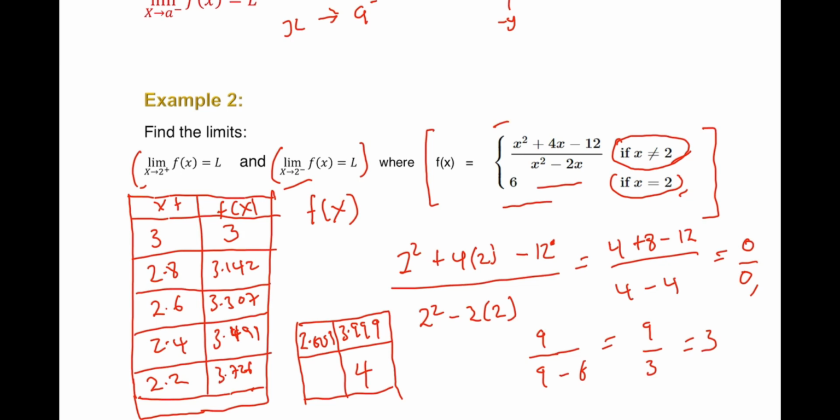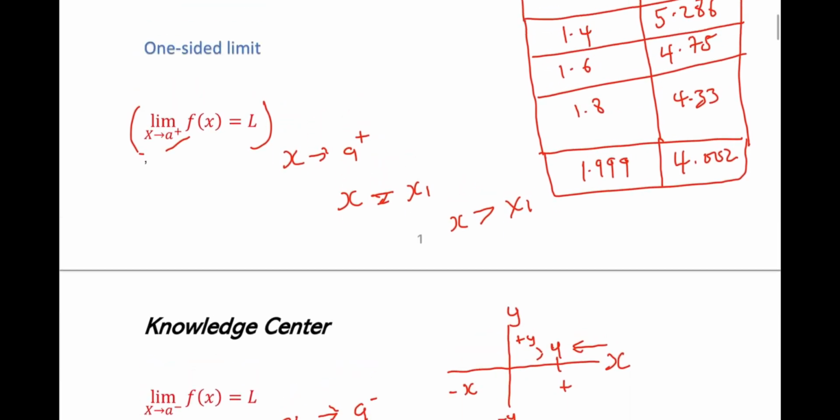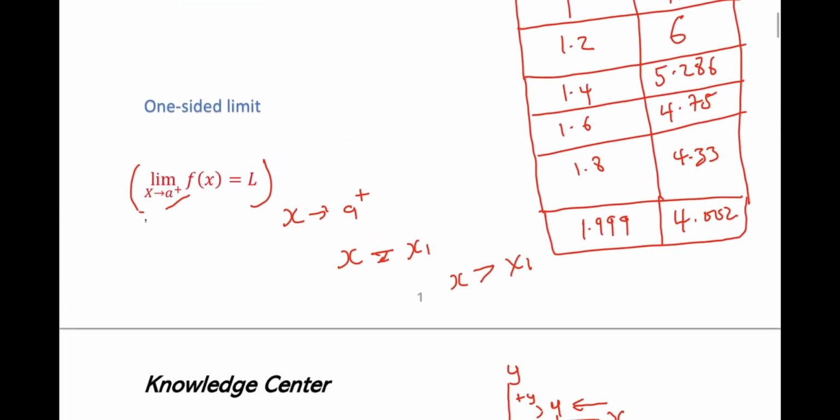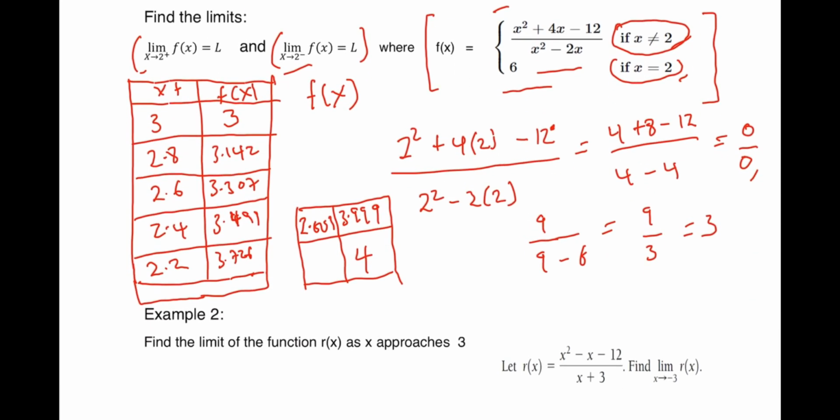Or they'll say the function is not approaching a particular value. But when we did the neighborhood analysis, you can see for yourself that it is approaching a particular value, which is 4. So this means that this particular limit exists.